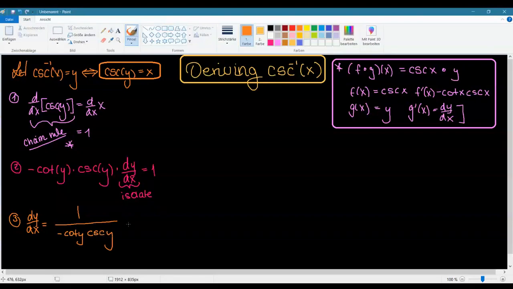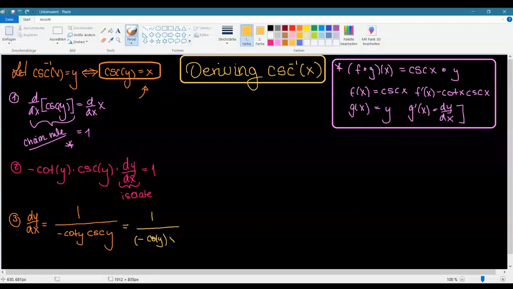Well, now what do we do? The first thing we can do is just exchange cosecant y for x, because up here we know that just equals x. So that's very quickly going to become 1 over negative cotangent y times x. Well, now we just have to get rid of our negative cotangent y.